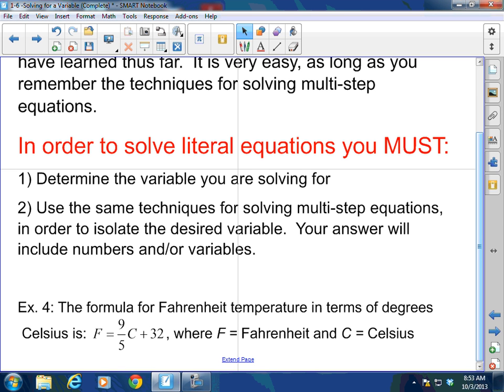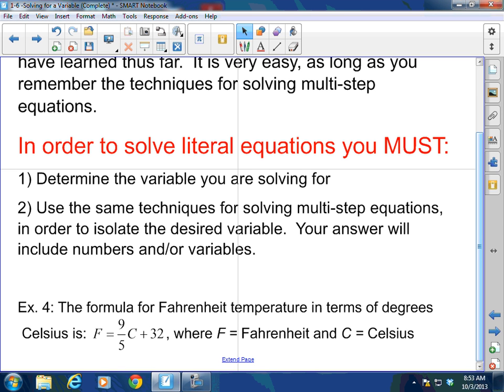Well, in a lot of other equations, you have many different variables. W, P, T, R, Q, S, Z. You know, there could be any host of variables. So don't just focus in on x. Read the question, pay attention, and determine, okay, what variable do I need to get by itself?